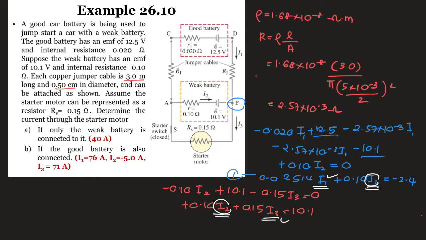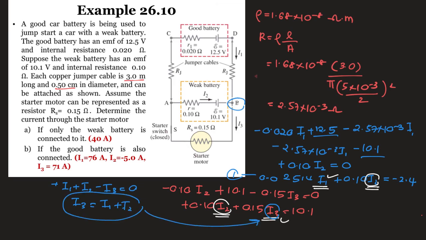So my equation is I1 plus I2 minus I3 equals 0. Now I'm going to make I3 the subject, therefore I'm going to get I3 equals I1 plus I2. This equation, I'm going to insert into this formula.